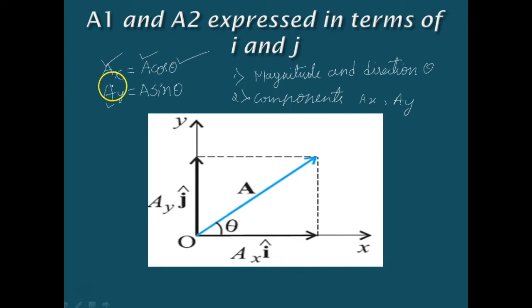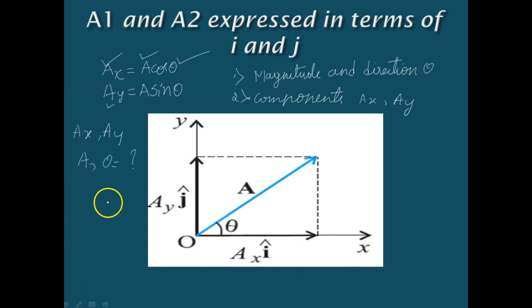If ax and ay are given, how to find this A and theta? You just think we know the value of ax and ay. So now we should find the value of A and theta. How to find this? Yes, we can find that also.